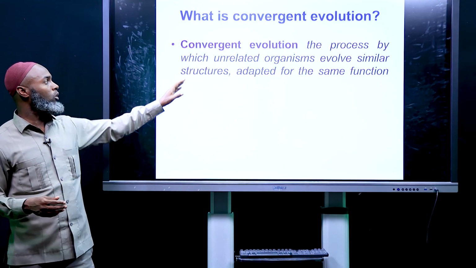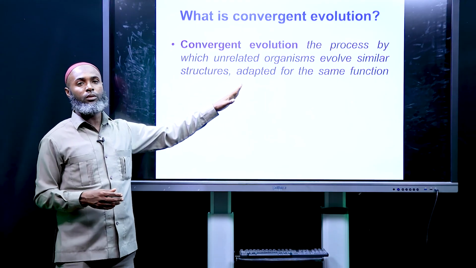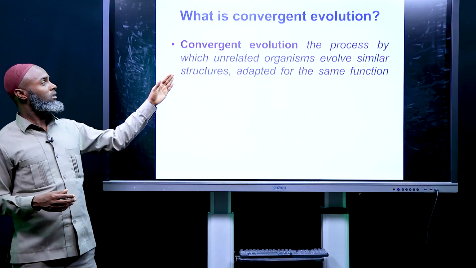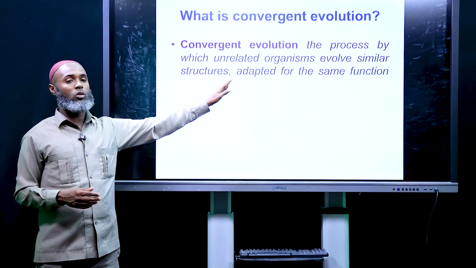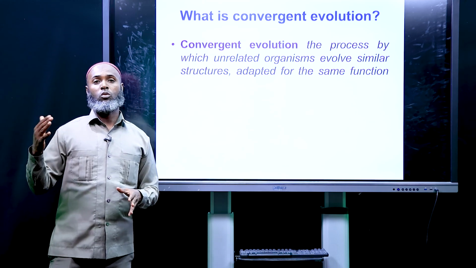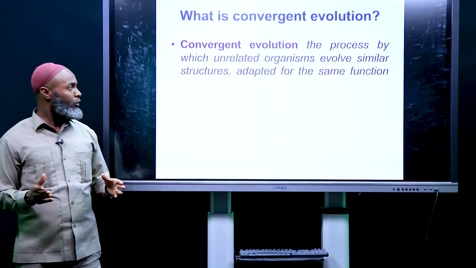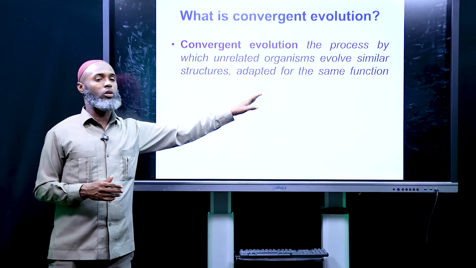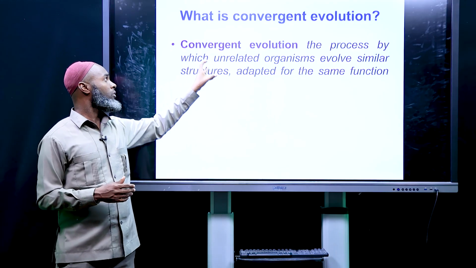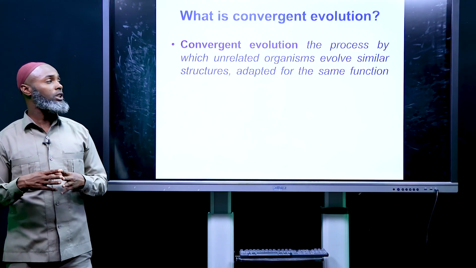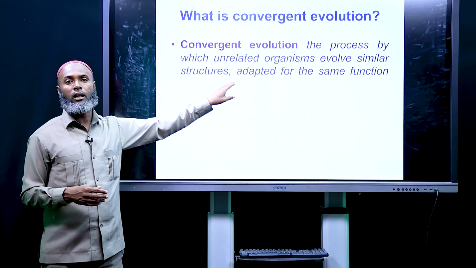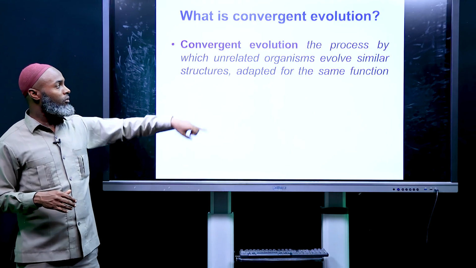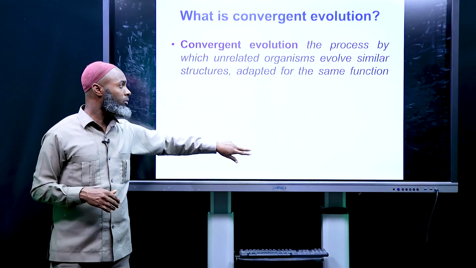Convergent evolution is a process by which unrelated organisms evolve similar structures adapted for the same function. The base for this evolution is unrelated organisms, and they evolve similar structures adapted for the same function.